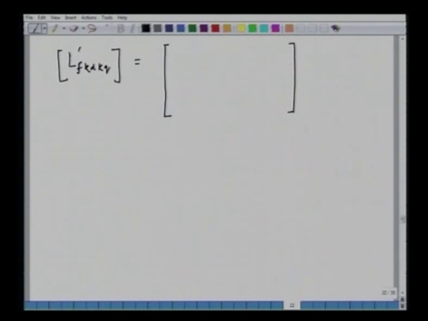So, we have in this case 3 by 2 into LG naught plus LG2 and then we have here also 3 by 2 LG naught plus LG2, and then we have 0, and then in the d axis also, for the q axis, 3 by 2 LG naught minus LG2, 0, 0 and 0.